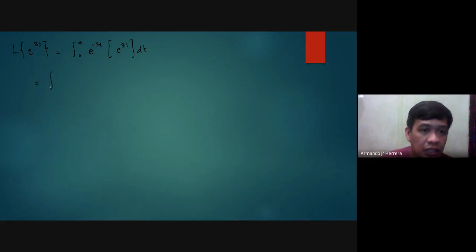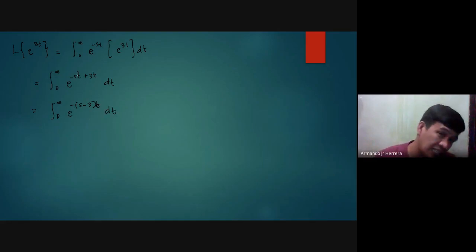So, this is integral from 0 to infinity of e to the negative st plus 3t dt. So, integral from 0 to infinity of e to the minus quantity s minus 3t dt. So, pag pinag-add and pinactor out natin yung negative at saka yung t, makukuha natin yung e to the minus s minus 3 of t dt.